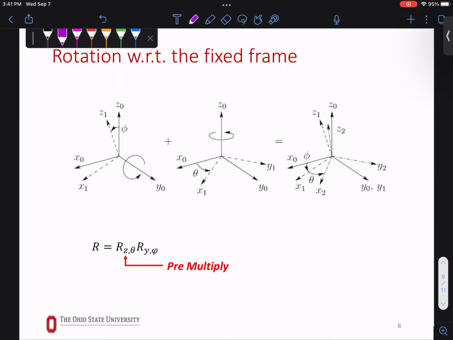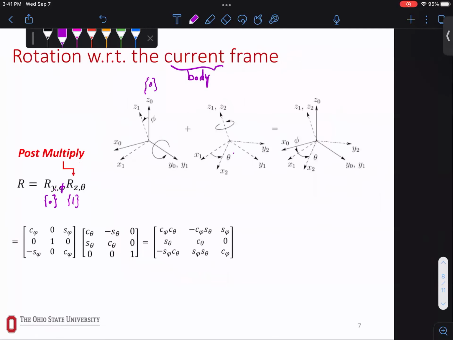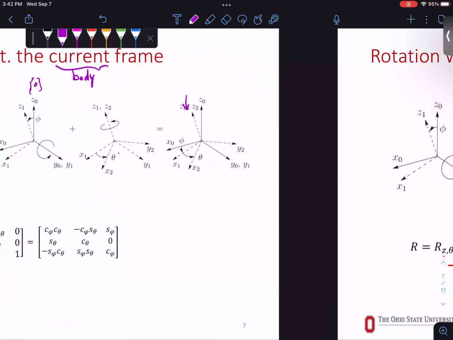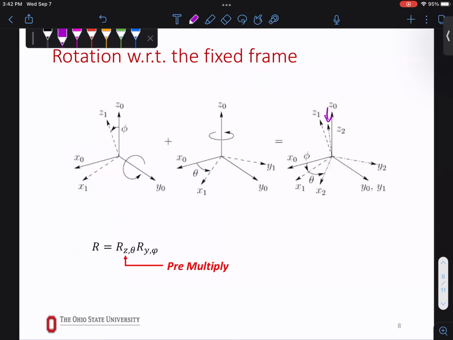You will see that here, for example, this Z2 might not be exactly this Z2, because in the first scenario, Z1 and Z2 are the same. In the second scenario, Z2 will have a different direction. So this is a general view, meaning that pre-multiplication and post-multiplication will impact the configuration of your reference frame, where they're pointed.